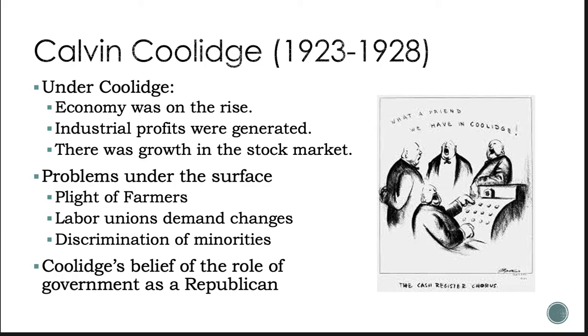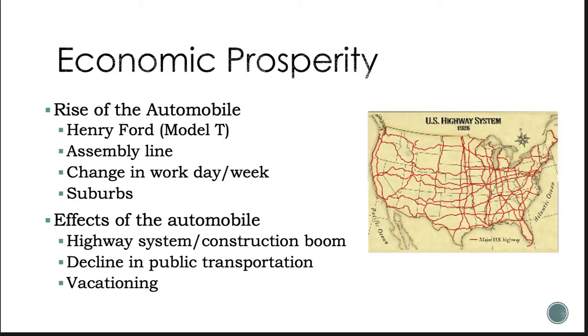No, these problems are going to compound, and that is why during this time period from 1920 to 1928, we see these small problems that could have been solved by government intervention turn into big problems that lead to an economic downfall. But I digress.